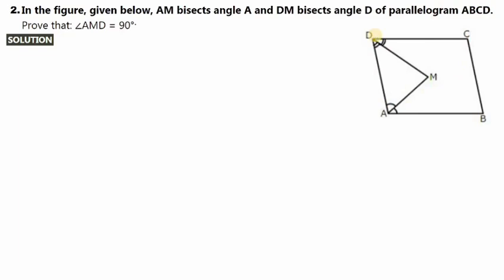If they have given you a parallelogram, then you have to think of all the properties of a parallelogram. Now you need to show that angle AMD is 90 degrees. So AMD means they are talking about this angle. This angle will be equal to 90 degrees. That's what we need to show.